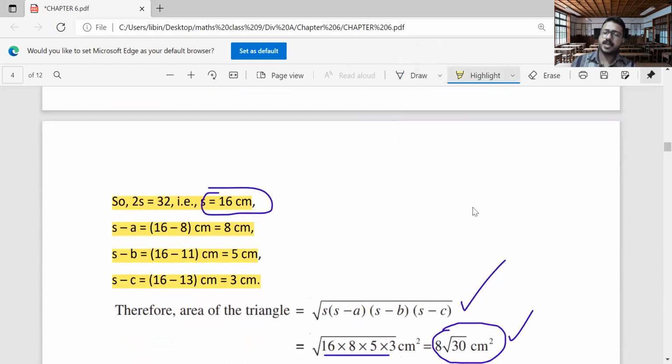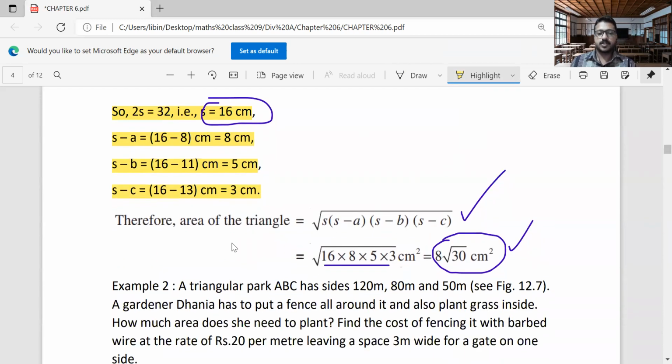So we are just substituting the values given to us directly in Heron's formula. There is nothing more. So I think it is clear for you. Okay, now we are going to our example 2.